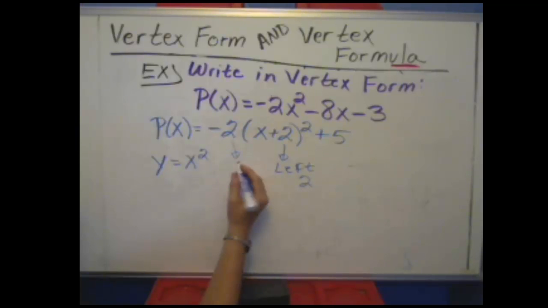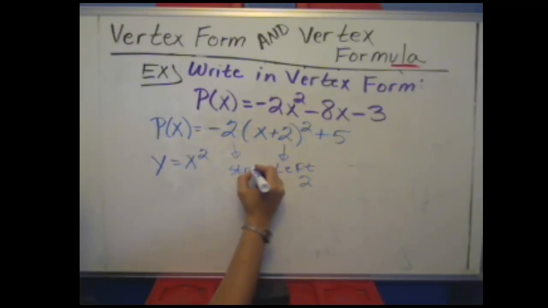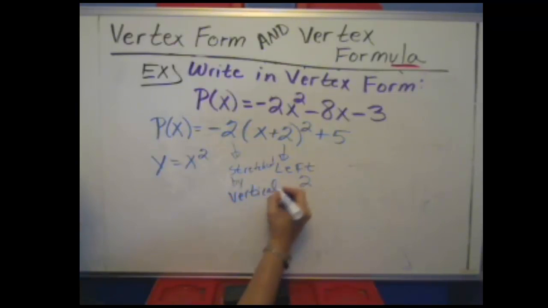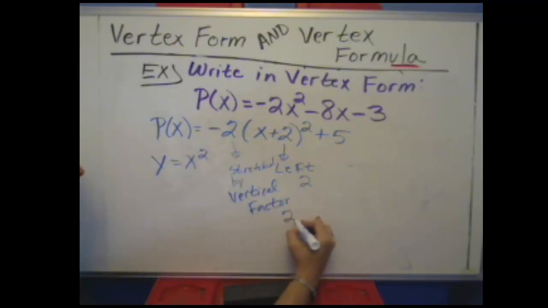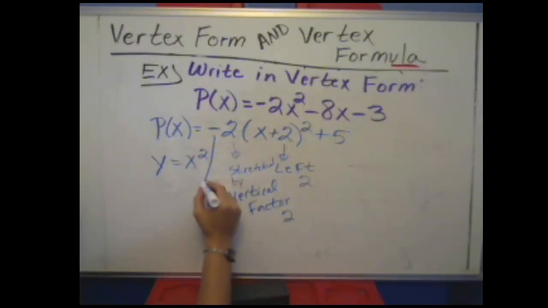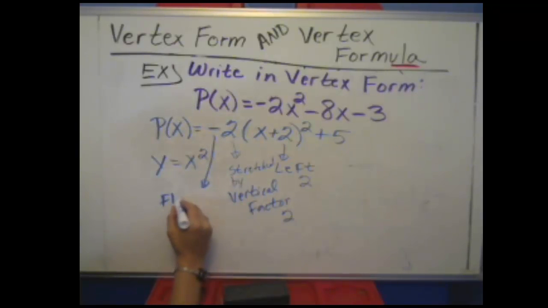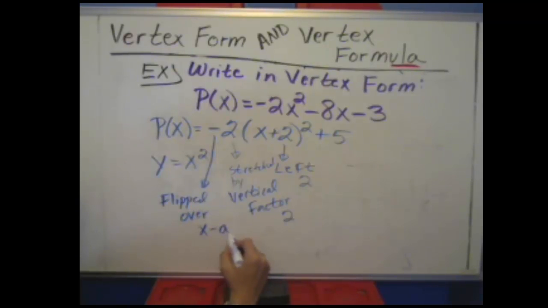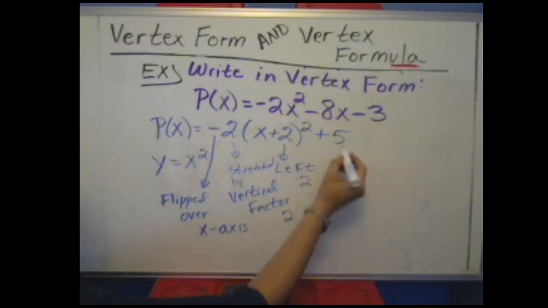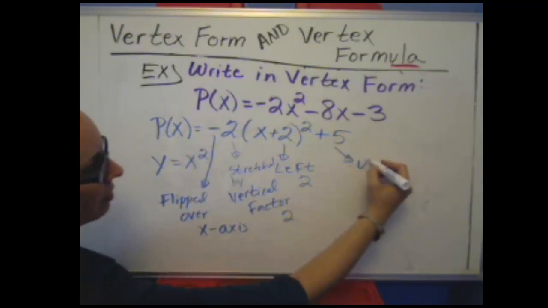It also was stretched by a vertical factor, this is kind of a review, of 2. It also was flipped over the x-axis, and it was also moved up by 5.